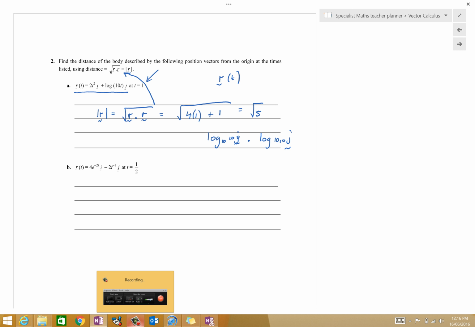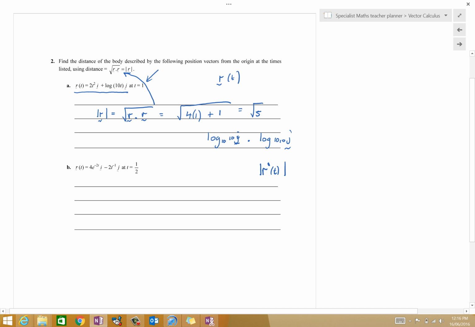But what we're trying to say is the magnitude of the speed. If I get r dash of t, what would be the magnitude of the velocity as a vector? What would that be? Well, velocity is a vector, but the magnitude of that velocity is going to be the speed, isn't it?